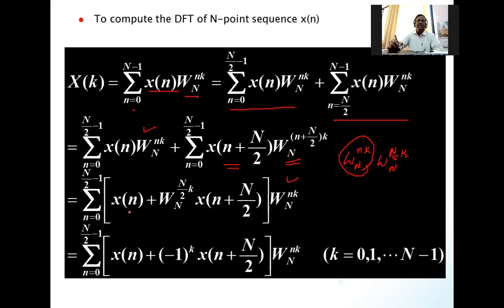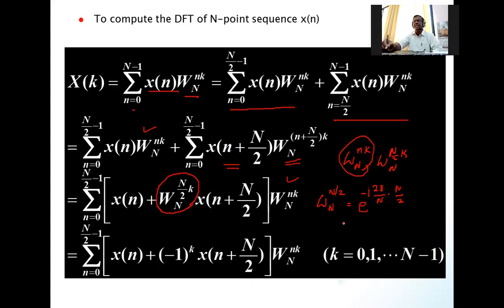So here, x of n plus W_N to the power N/2 k x of n plus N/2 times W_N to the power nk. Then, as we know, the value of this we write as minus 1. Let us understand how it is minus 1. W_N to the power N/2 can be expressed as e to the power minus j 2 pi by N multiplied by N by 2.